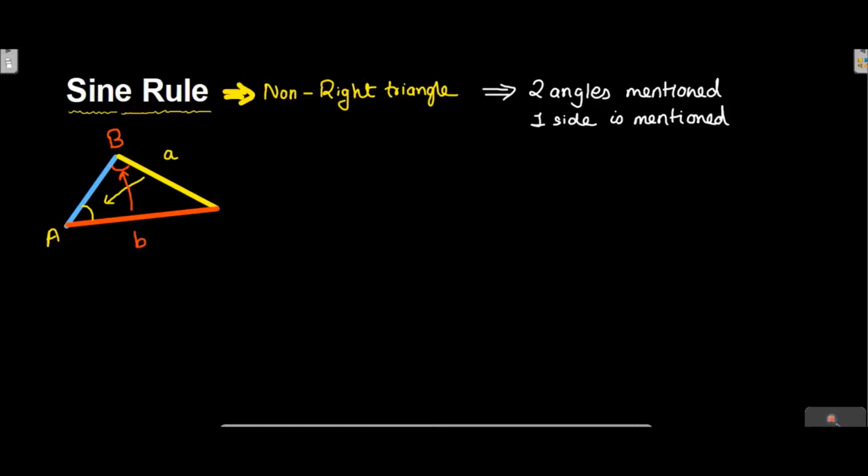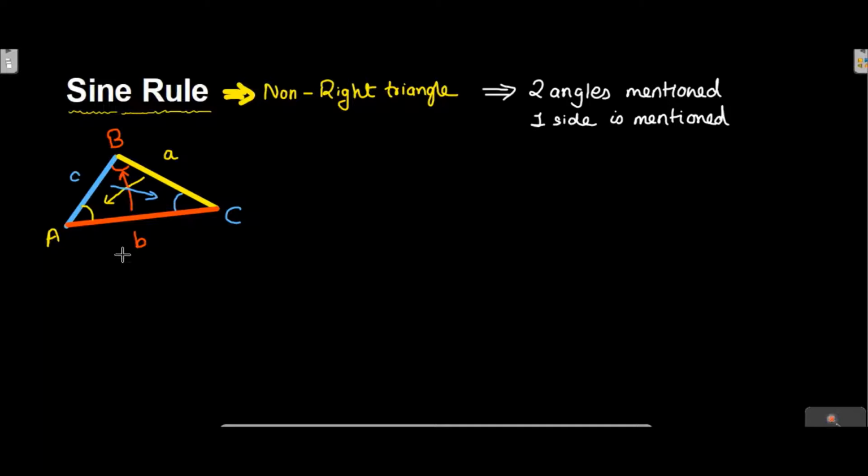Similarly, for this blue line, the angle just opposite it is C, so the opposite side of angle C is small letter c. We cannot mismatch them. If you mismatch them, the formula will give you a wrong answer. So you need to write the correct values.